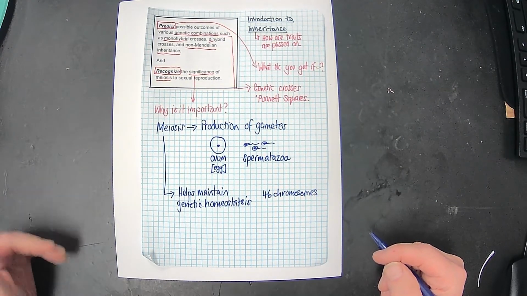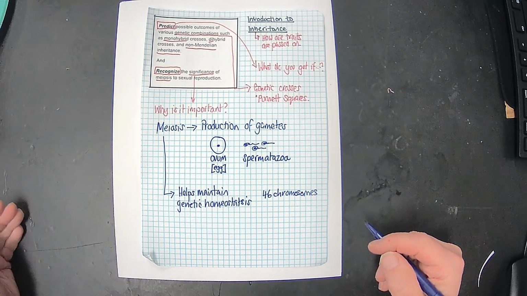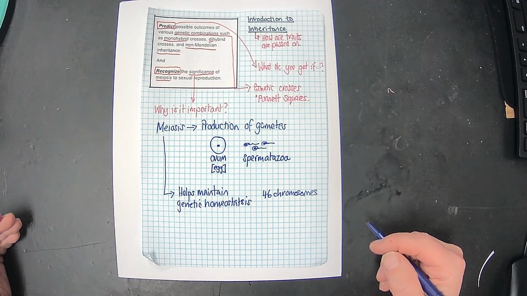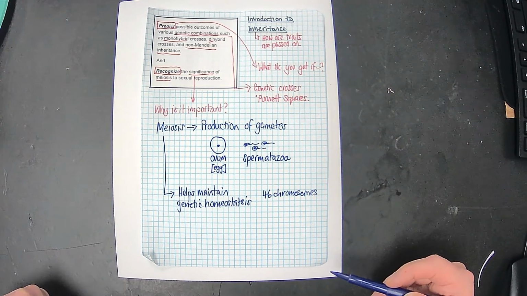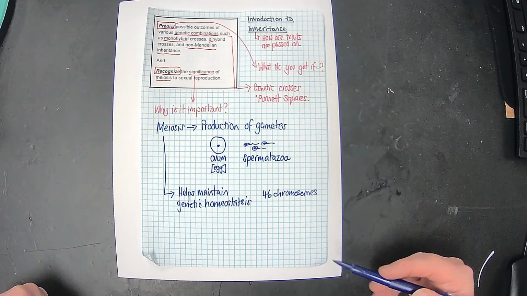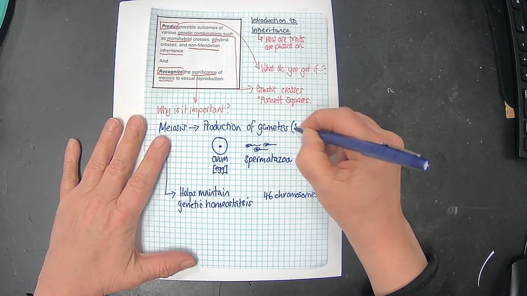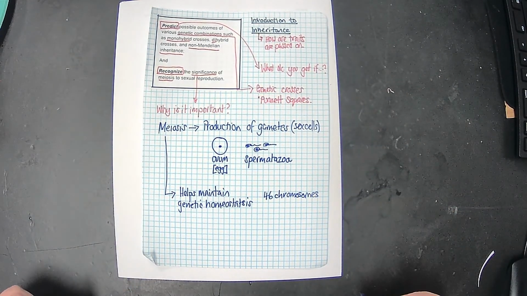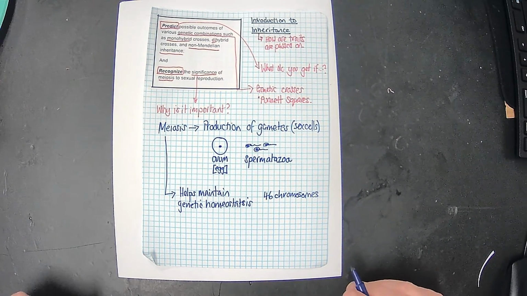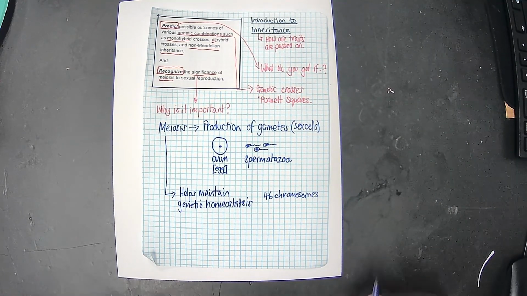Your grandparents have 46 chromosomes in every cell of their body. And if you have children at some future date, they will also have 46 chromosomes in every cell of their body. So one thing meiosis is important for is that it produces gametes, sex cells. The other thing is it makes sure that every generation has exactly the right number of chromosomes.